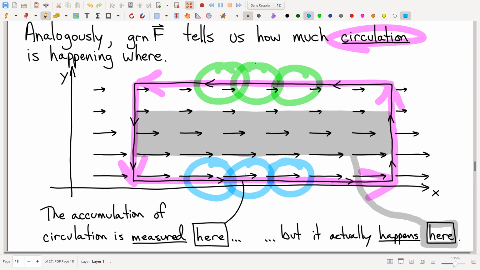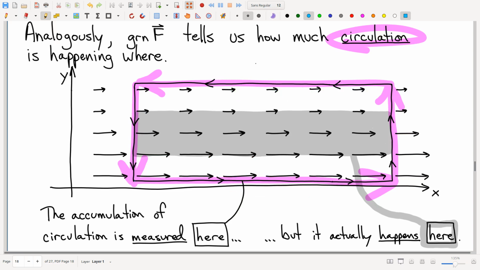These are large positive terms down here because look how big the vector field is. So small negative, big positive, that adds up to positive. So grand total, there is a positive amount of circulation, and you can see that right there on the boundary, where, I confess, we measure circulation.